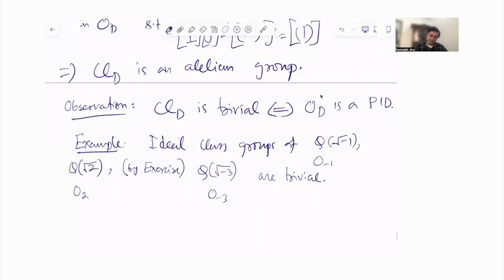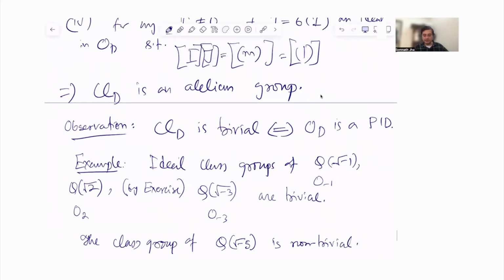And for example, we see that the class group of Q root minus 5 is non-trivial. So we have seen this is not trivial.